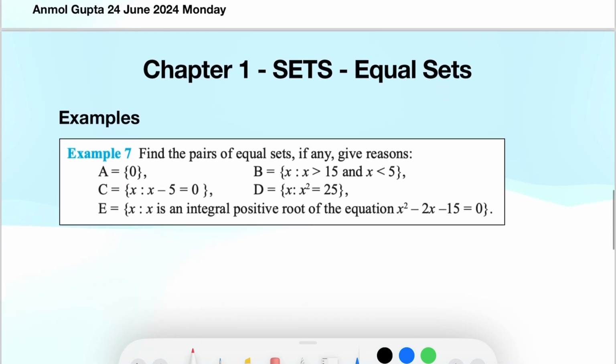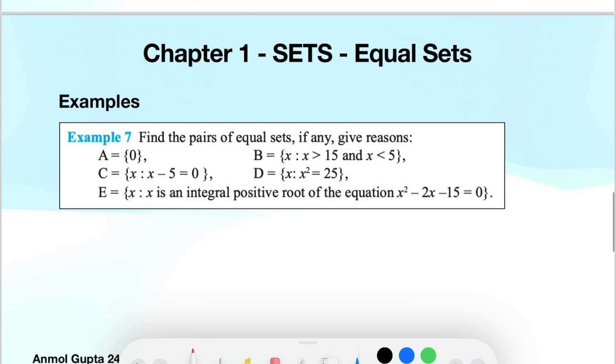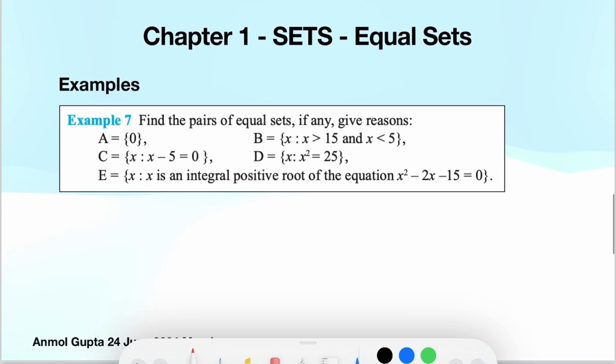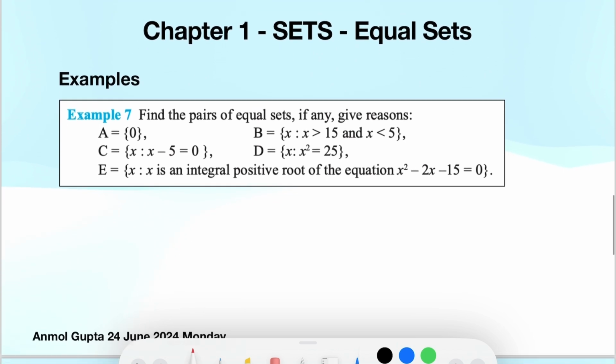Let us now solve a question based on equal sets. Find the pairs of equal sets, if any, and give reasons. A is equal to 0. B is equal to x such that x is greater than 15 and x is less than 5.